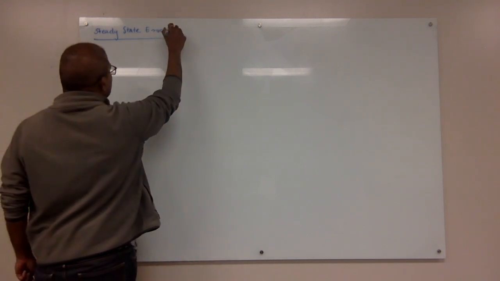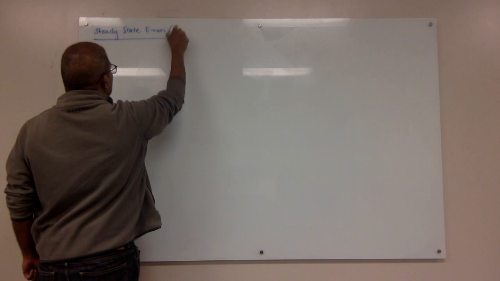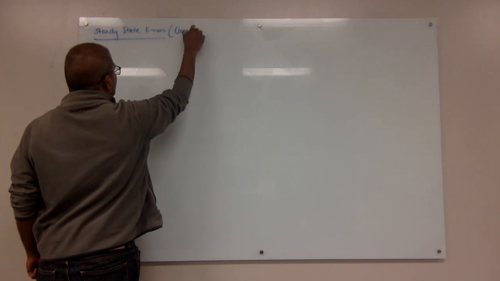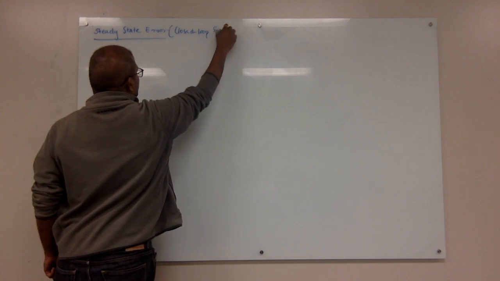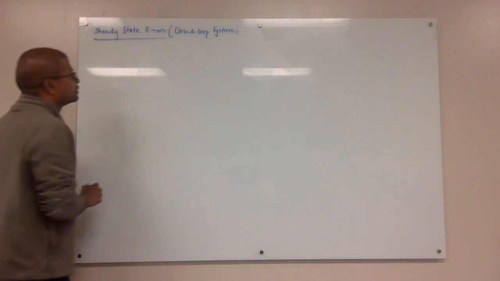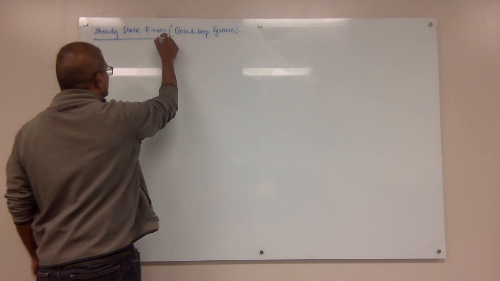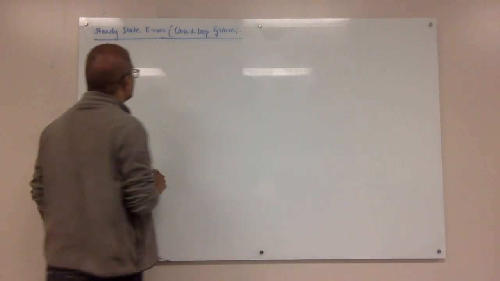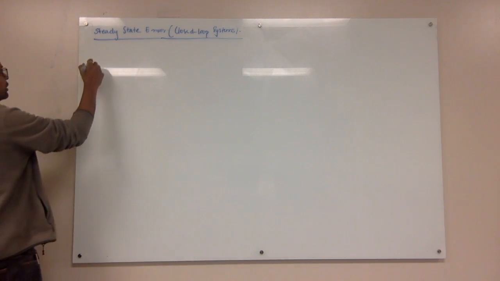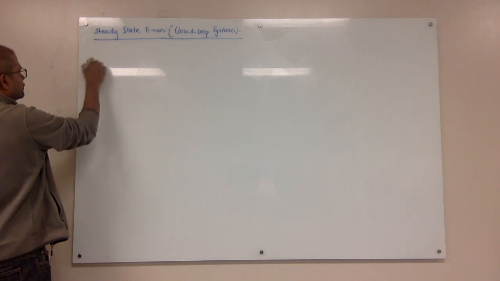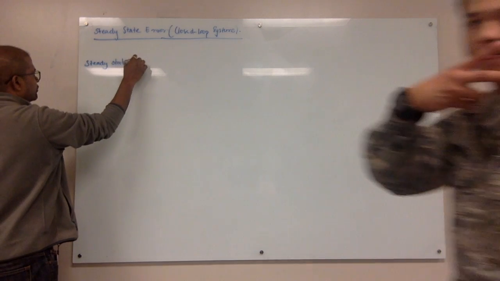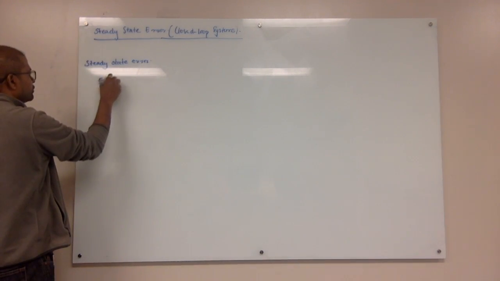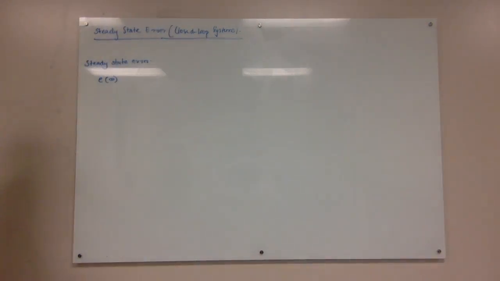Now keep in mind, we have to discuss closed loop systems here, okay? And in the context of control, this is much more common as well. So steady state error, we will denote this by E-infinity.